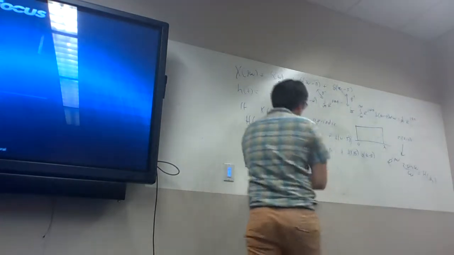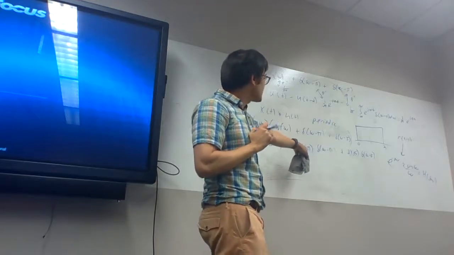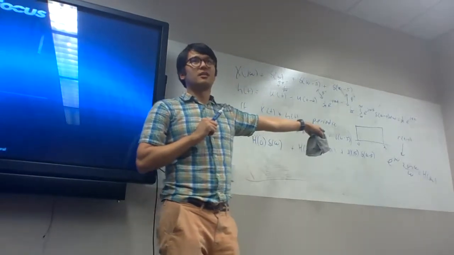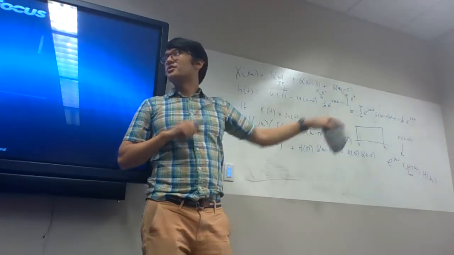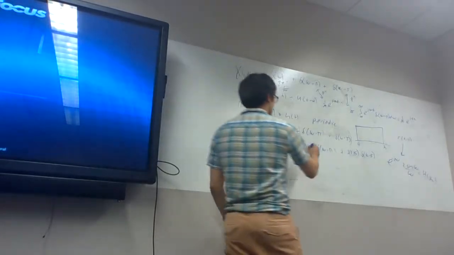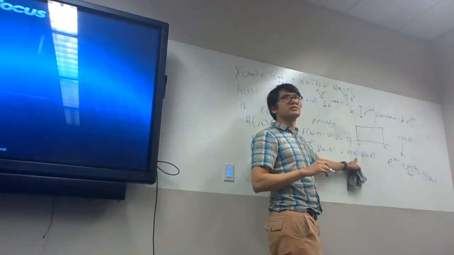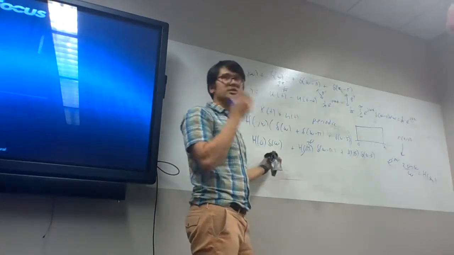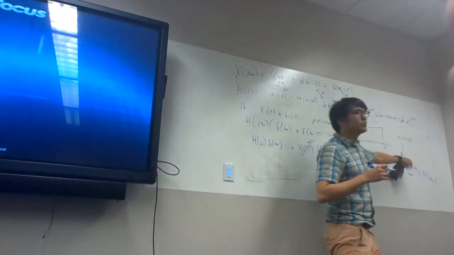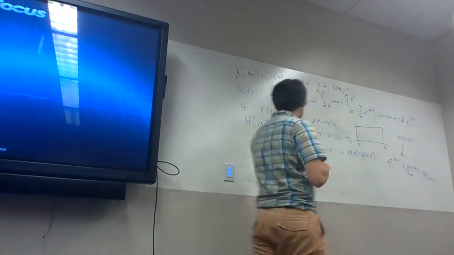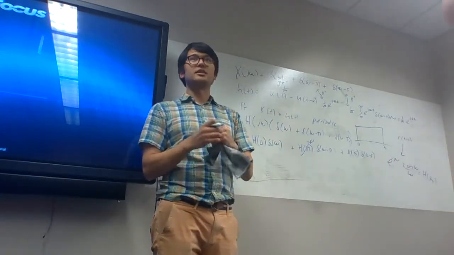So what is sine of pi? 0. So that thing goes to 0. This thing probably doesn't. Sine of 5 doesn't go to 0. Sine of 0 doesn't go to 0; you do some L'Hopital stuff. And so, yes, it is periodic.